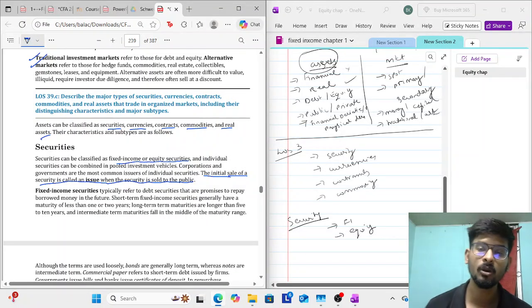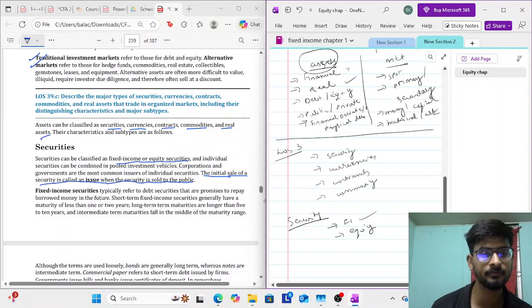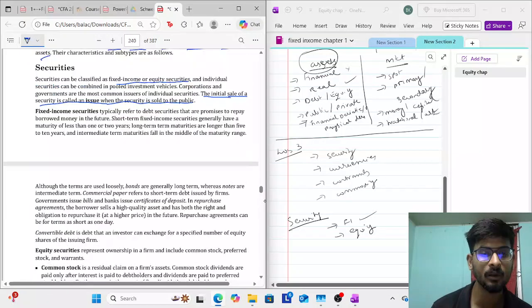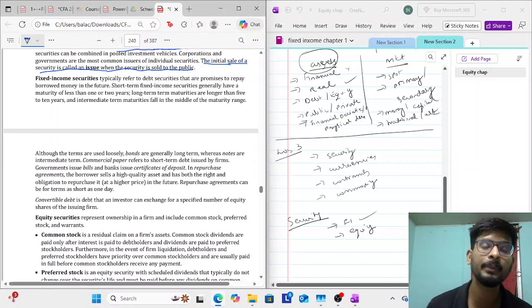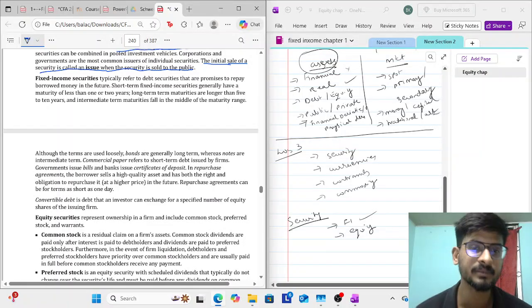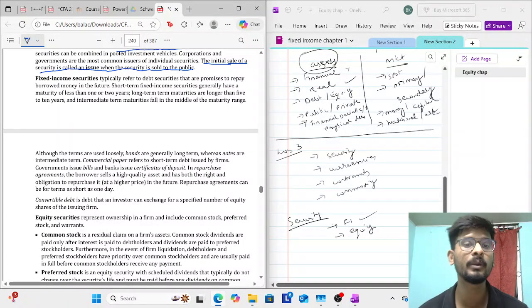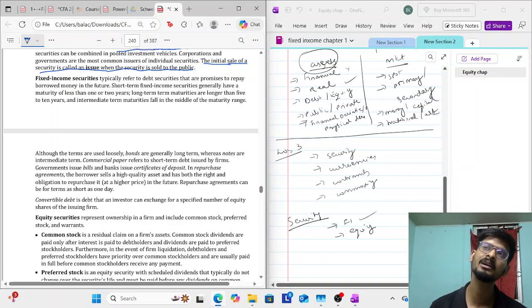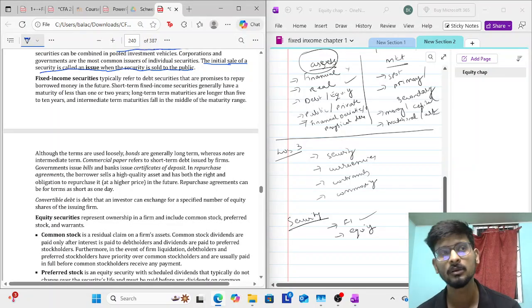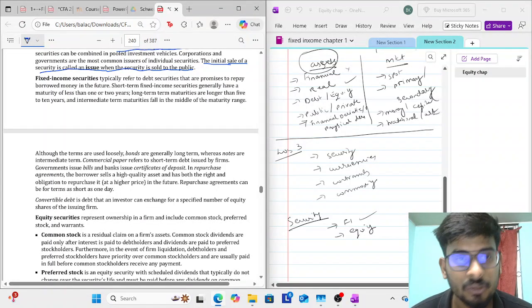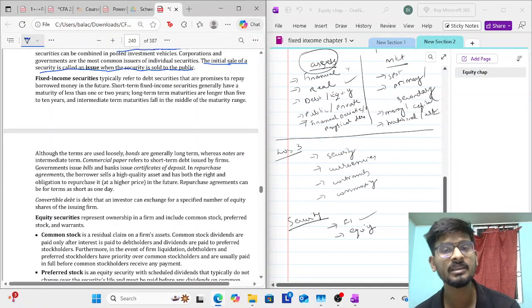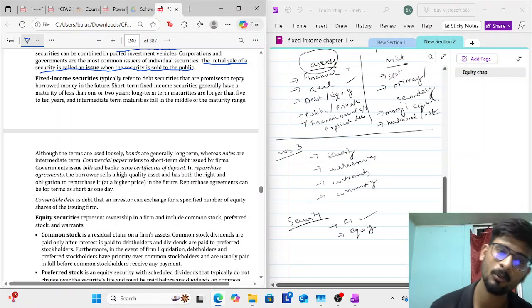Now let's talk about fixed income in depth. Fixed income security typically refers to debt securities that are promises to repay borrowed money in the future. Fixed income is equal to debt, loan. Short-term fixed income securities generally have a maturity of less than 1 or 2 years.